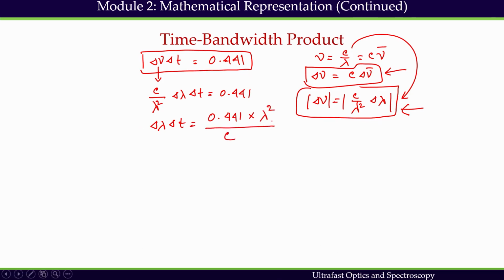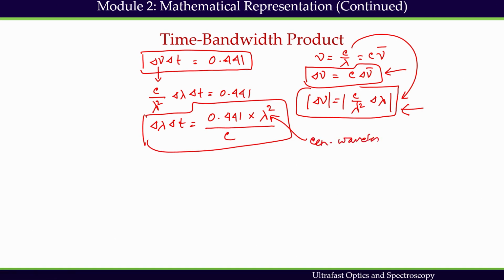This lambda in this equation is going to be center wavelength. If it is an 800 nanometer pulse, it is going to be 800 nanometer. So what we see is that delta lambda delta t will depend on its center wavelength, which we haven't seen before in the time bandwidth product.